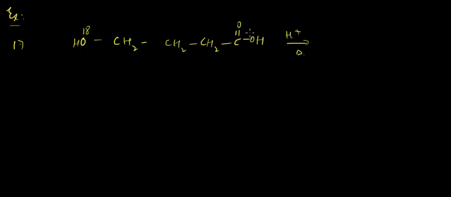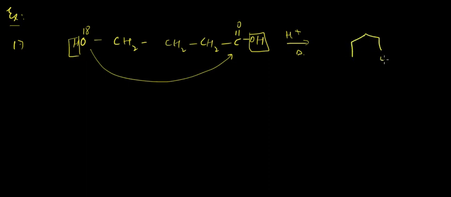So obviously this OH would be gone with this H, and this O would be getting attached to this carbon atom, forming a 1 2 3 4 5 member ring. This will be the product formed, and this is a cyclic ester which is formed.